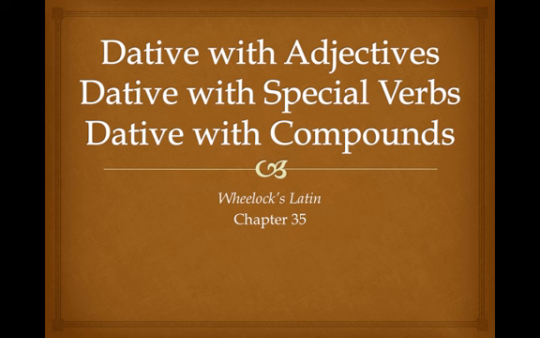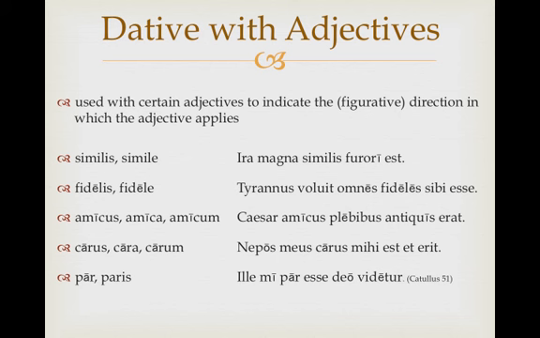Some special verbs, instead of taking an accusative as a direct object, will take the dative. And there are some compound verbs, meaning a verb with a prefix added onto it, that will also take a dative instead of an accusative, or sometimes in addition to an accusative, but we'll get there.